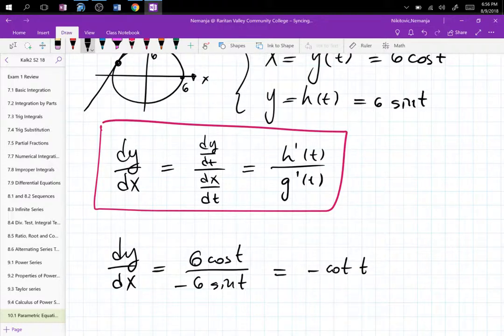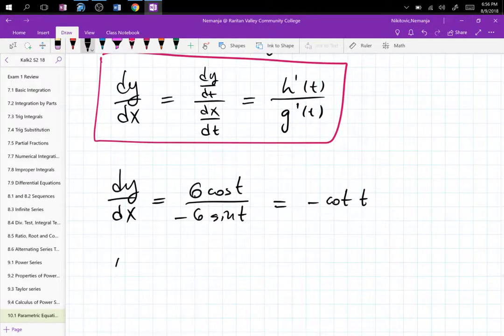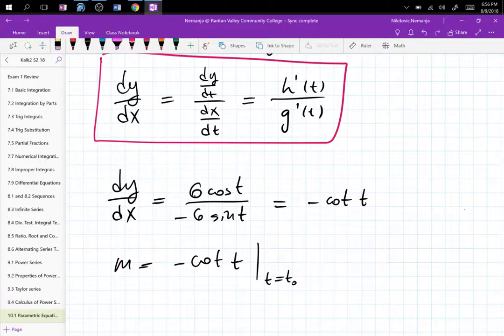That's the derivative of the circle. So now you give me the value t at which you want to compute your tangent line. I will give you the slope of the tangent line, because the slope m is, in this case, negative cotangent t, computed at t equals some value t0, or let's put a, whatever, at which you want to figure it out.